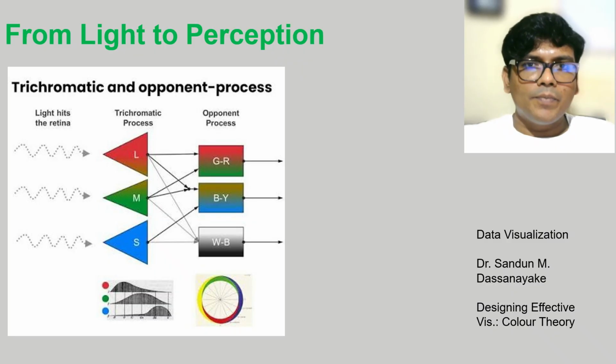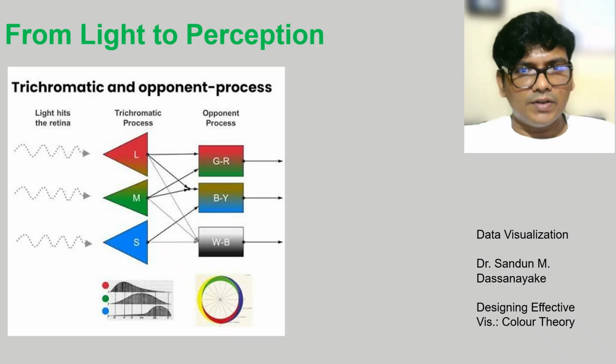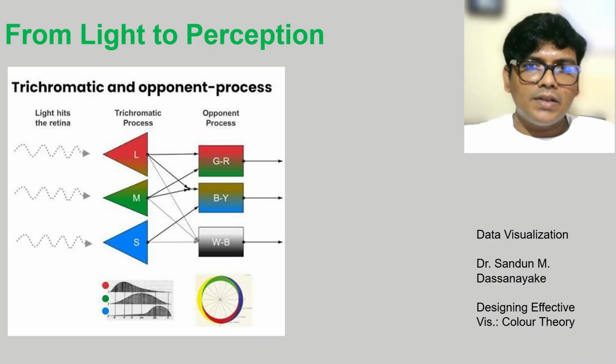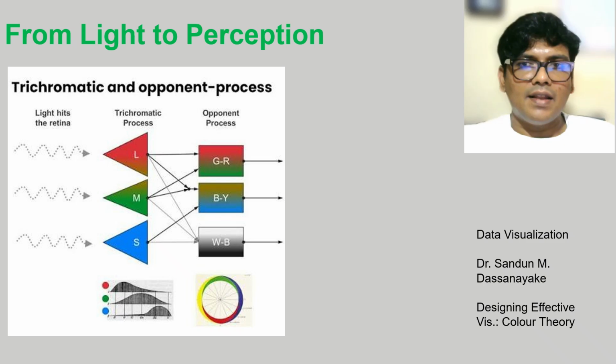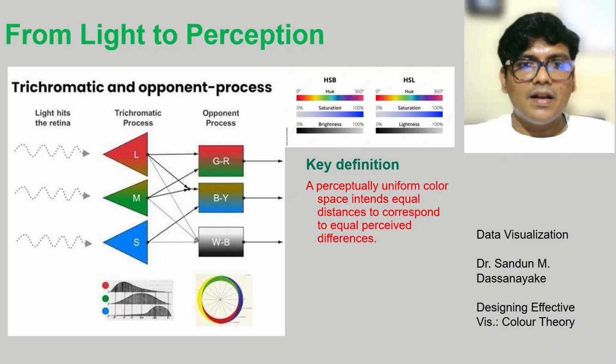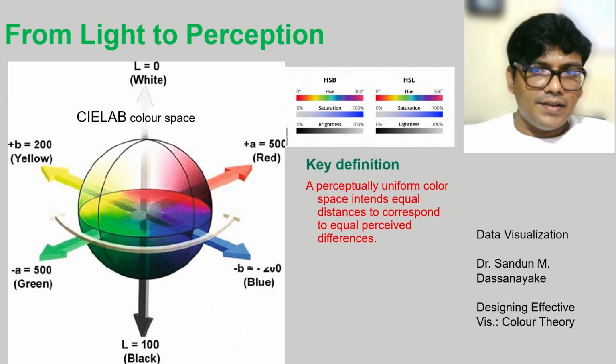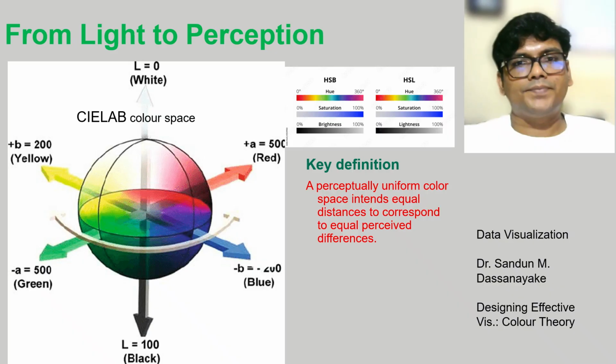Then opponent processing takes over, computing contrast, which is light versus dark, red versus green, blue versus yellow. The perceptual attributes that matter for design are hue, lightness, and chroma.